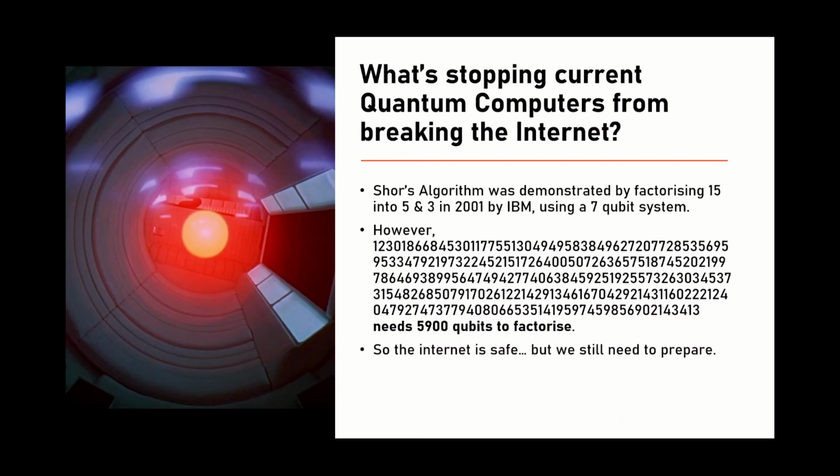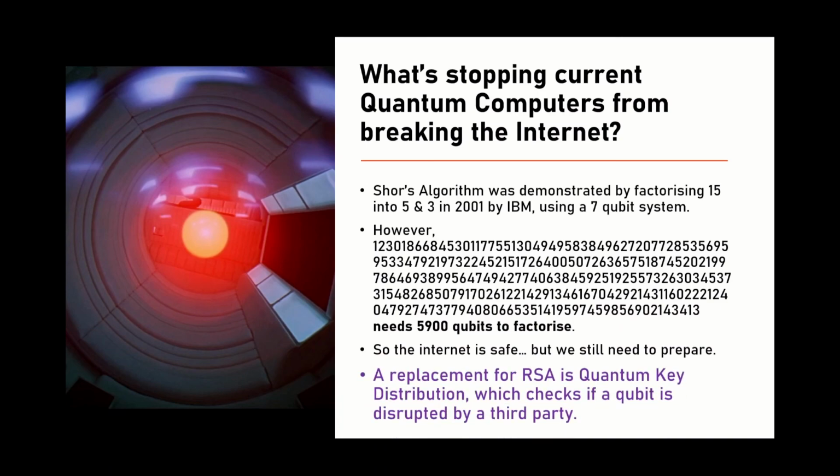So the internet itself is safe for now, though we still need to prepare for the eventual system that will have 5,900 qubits. And a replacement for RSA encryption is quantum key distribution, which checks if a qubit has been disrupted by a third party.